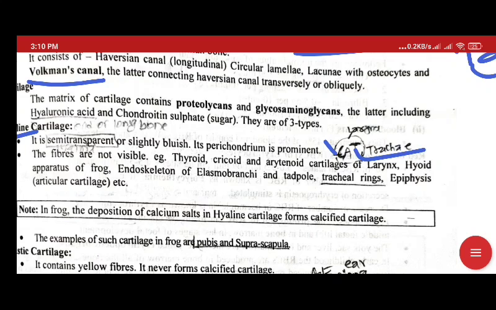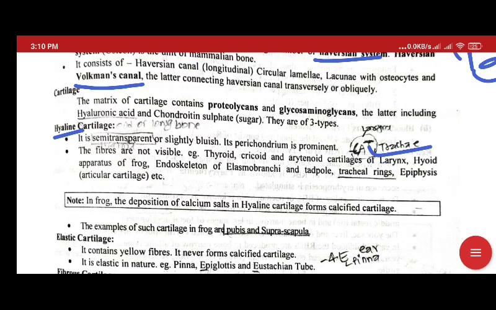In larynx we have thyroid, cricoid and arytenoid cartilage present.